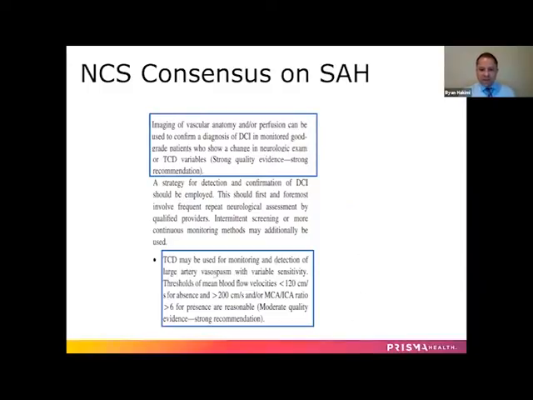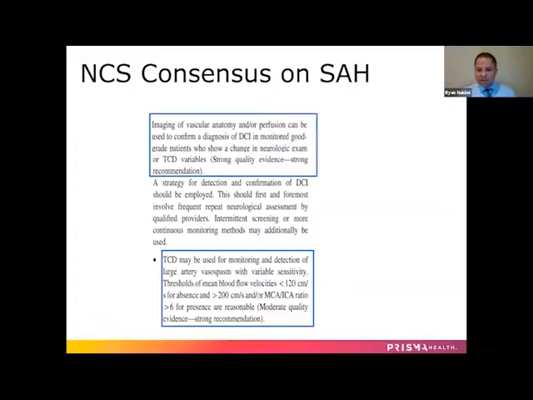Here they suggest that what has been validated, with the strongest support, is severe vasospasm, represented by a mean flow velocity in excess of 200 centimeters per second in the anterior circulation with an associated Lindegaard ratio, which is the mean flow velocity in the middle cerebral artery divided by the mean flow velocity in the extracranial ipsilateral internal carotid artery.